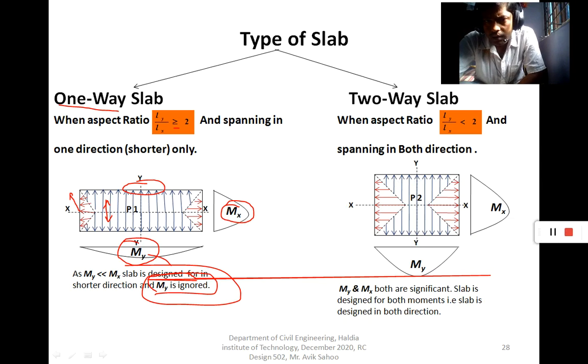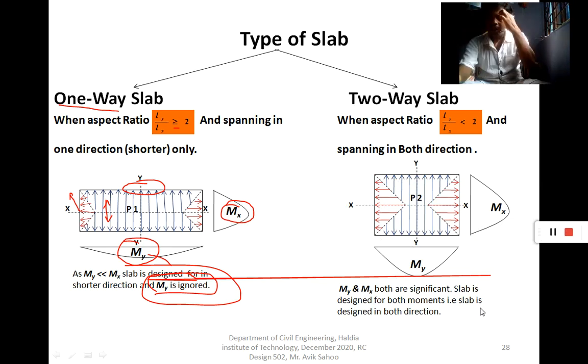You see that this triangular load is taken up by this beam, whereas this trapezoidal load is taken up by this beam, as the load dispersion angle is 45 degrees, and both moments are significant. So the slab is designed for both moments, meaning the slab is designed in both directions.